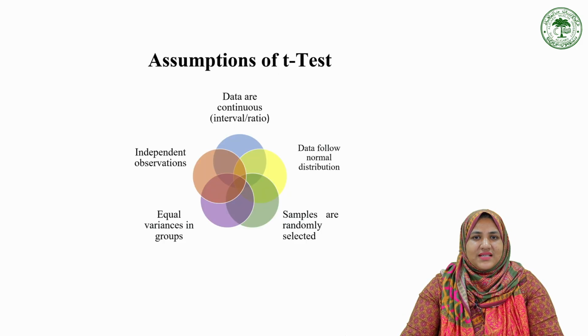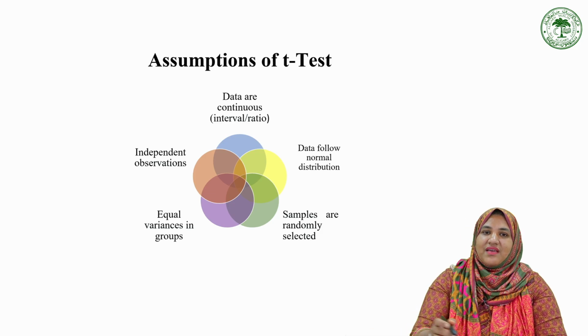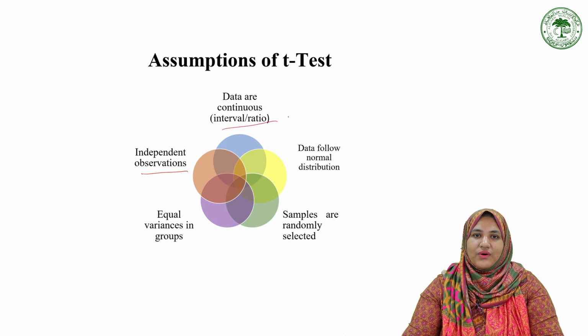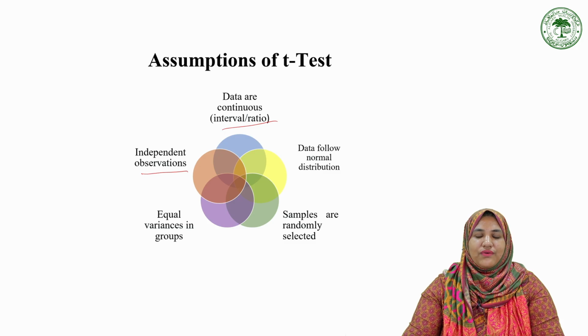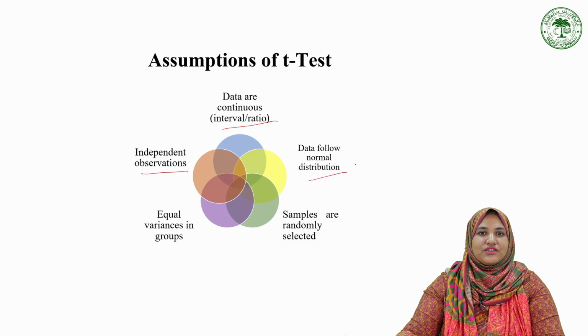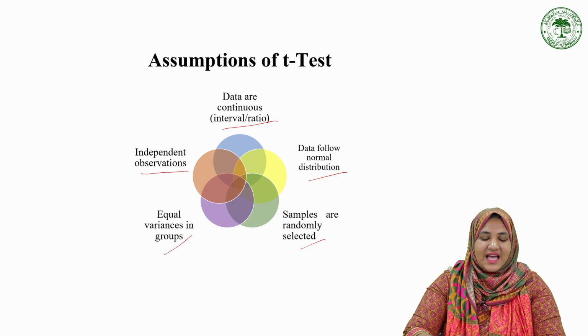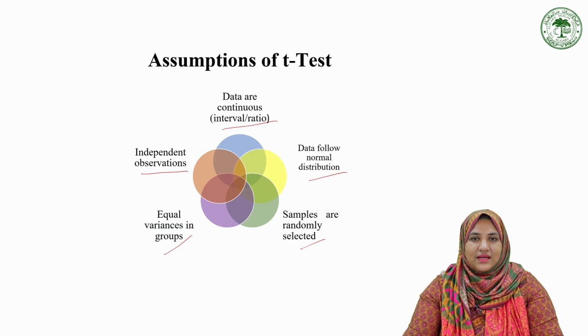Assumptions of the t-test. The assumptions of the parametric test apply here as well. We know that independent observations are required. Data should be continuous, that is on the interval or ratio scale. We cannot go for the ordinal or nominal scale. The data should follow a normal distribution, the samples are usually randomly selected, and there should be equal variances in the groups.